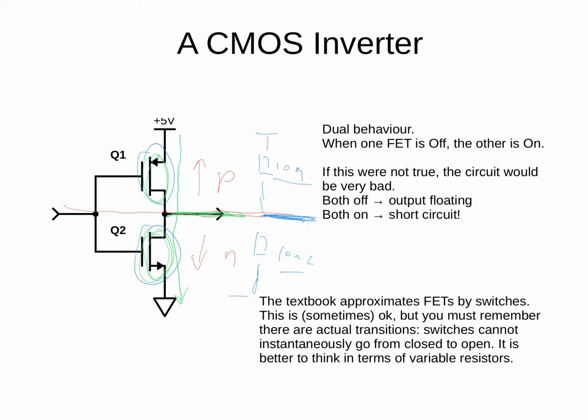You might well ask what happens when the input goes from 0 volts to 5 volts. Might that mean both FETs are on at the same time? Well, yes and no. Yes, we do get current flowing straight down from 5 volts to ground, and that's a major source of current consumption in logic gates.